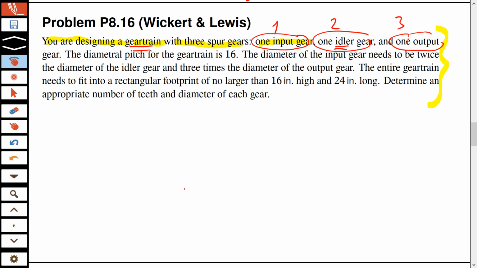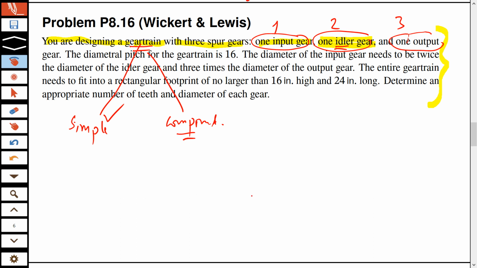Remember, this is tricky because the question does not say simple. Nowhere in the question does it say simple. It simply says gear train. So this gear train could be simple or compound. Now, how do you figure out whether it's simple or compound? That hint is given by the idler gear. You have an idler gear only in the simple gear train.